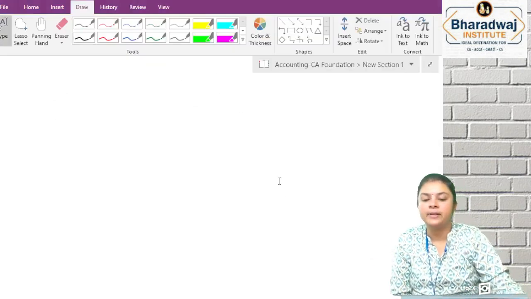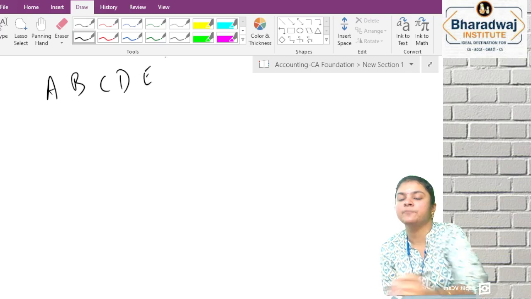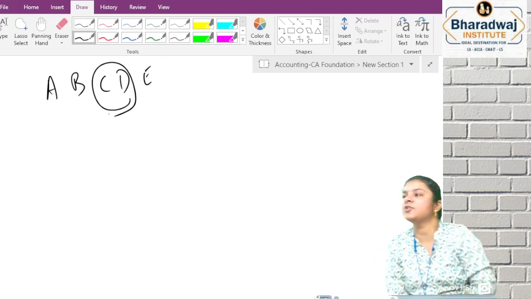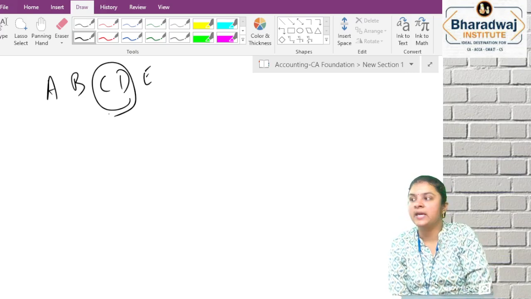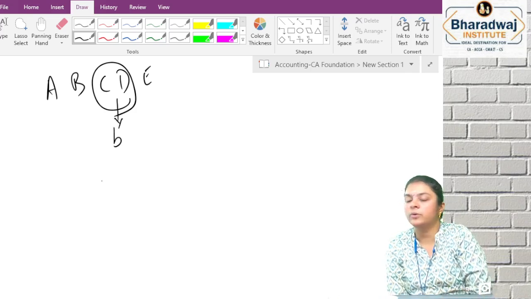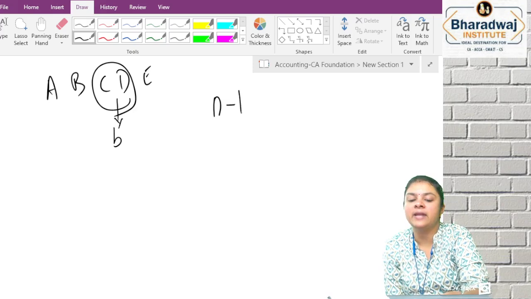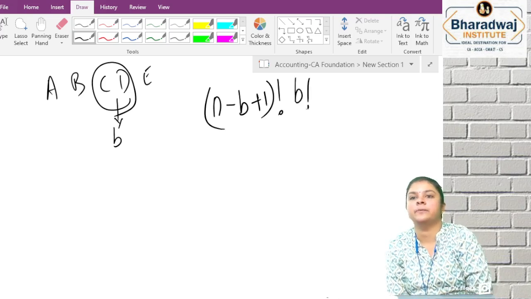Say for example, if I have A, B, C, D, E, of which C and D should always occur together. This I call one block. The number of arrangements will be n minus block plus 1 factorial into block factorial.